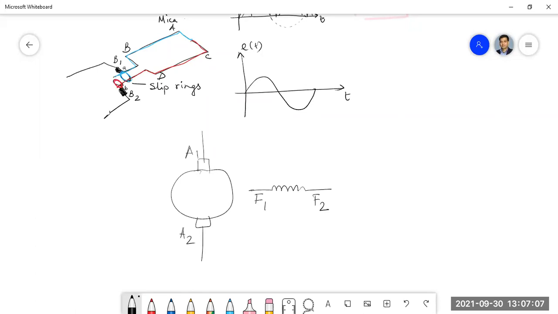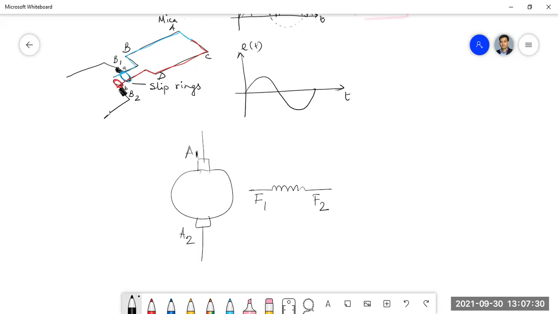Okay, sir. Say field winding. And the other winding is the armature winding. So this is the armature winding. A1, A2 are the terminals of the armature winding.